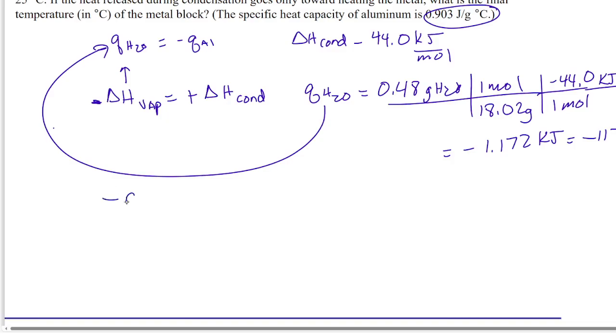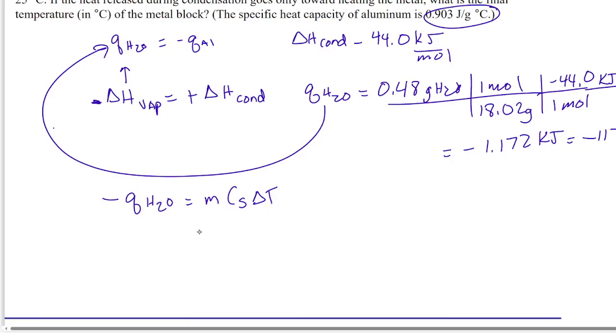So we know that negative Q for the water is equal to Q for the aluminum. And so we can replace the Q for the aluminum with m C sub S for the aluminum, delta T for the aluminum. Because the aluminum is changing temperature, we can use the m C sub S delta T equation. Okay?